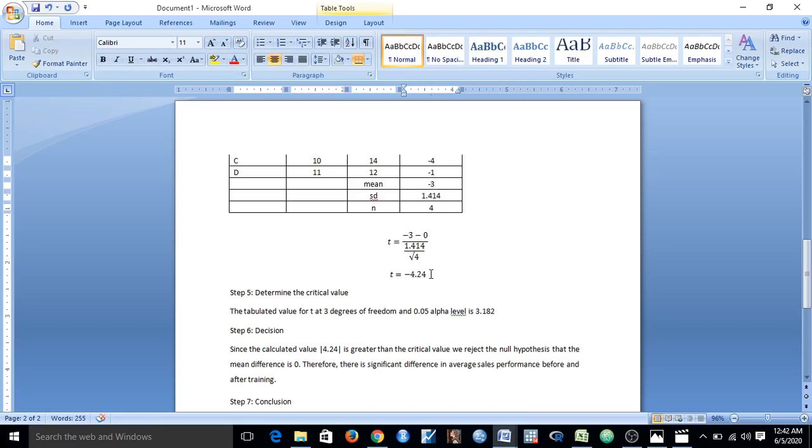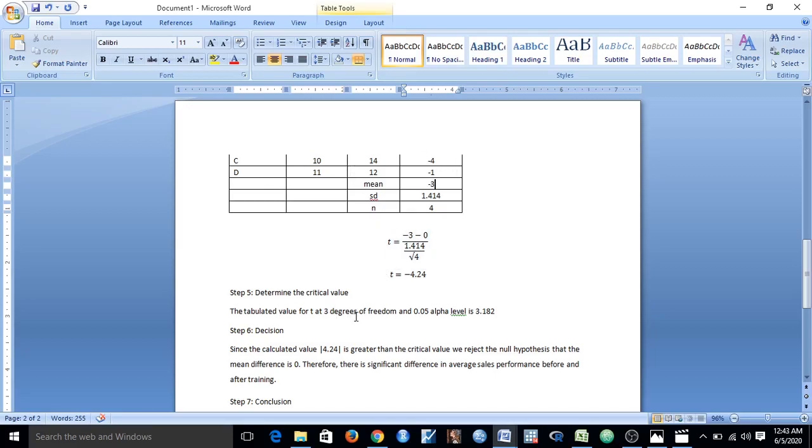Then the next step is to determine the critical value. To determine the critical value, we need two things: the degrees of freedom and the alpha level. So how do we calculate degrees of freedom? Degrees of freedom is n minus 1, where n is the number of observations. We have 4 observations here.